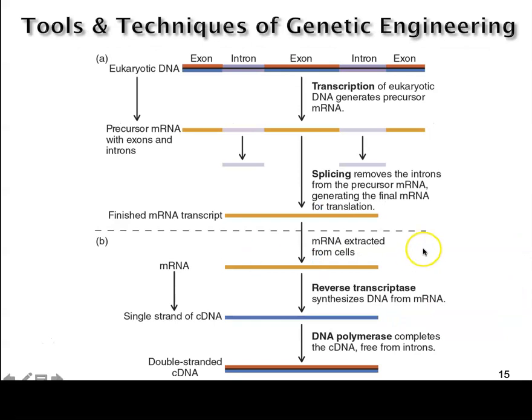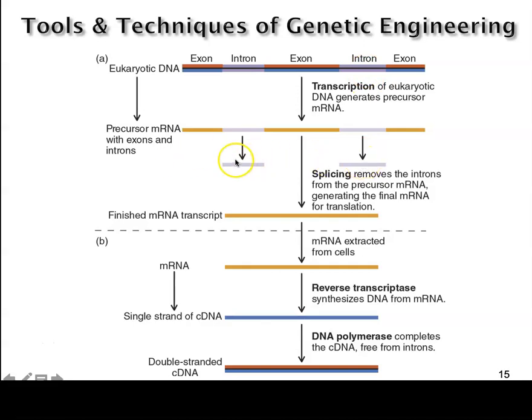All right, I don't want to spend a lot of time going through this, but I want to show you. At the top, you can see this long piece of DNA, and I'll let you read through this and take a look at it. So here's the DNA. We're going to get an RNA transcript, and it actually has to be processed because there are pieces of the DNA, introns, that are not needed.